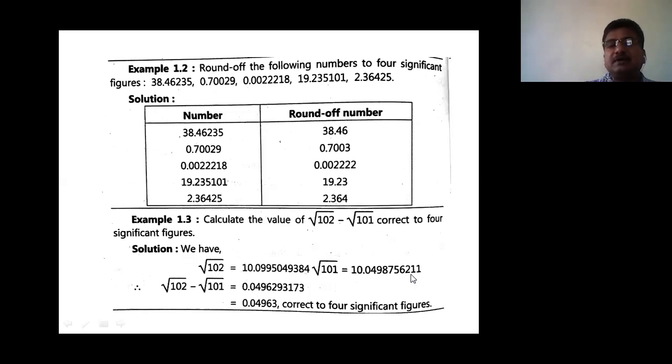Okay, by using the calculator, write all digits after the point. If there is a calculator of 9 digits or 10 digits, then we have such a figure in that calculator. So we write that subtraction. This is the subtraction by using the calculator.